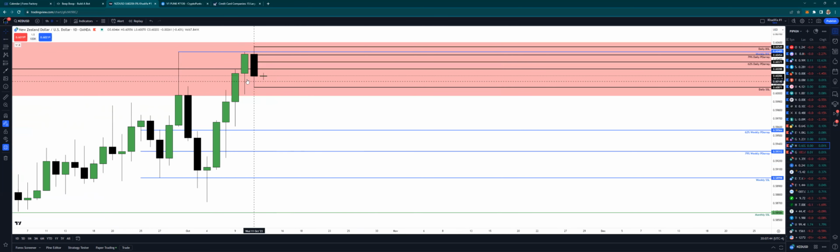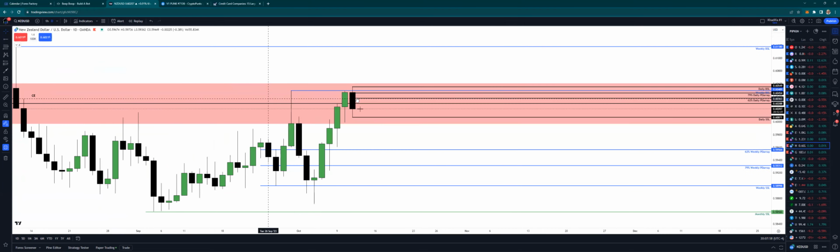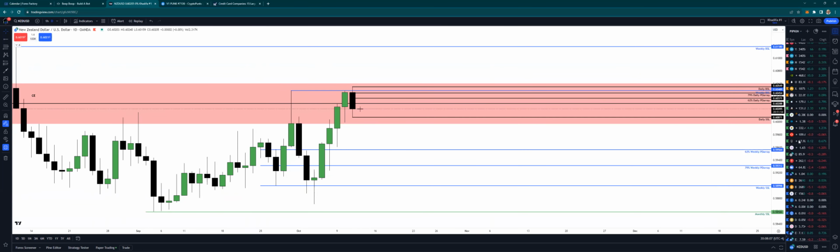NZD USD has been out of sync with Euro and the pound, so I expect us to pull higher up into today's premium PD arrays and continue lower, to come down and retest maybe the weekly PD array for NZD USD.